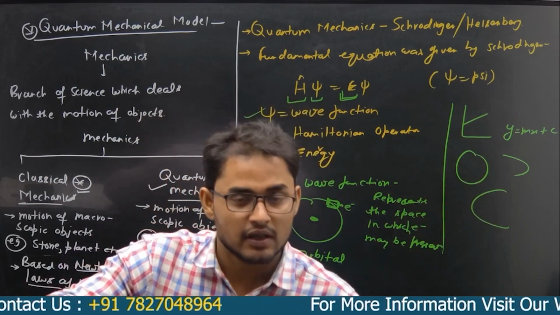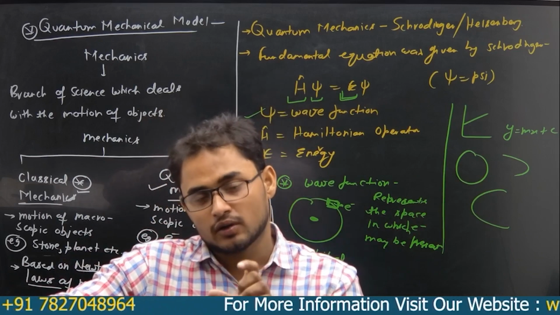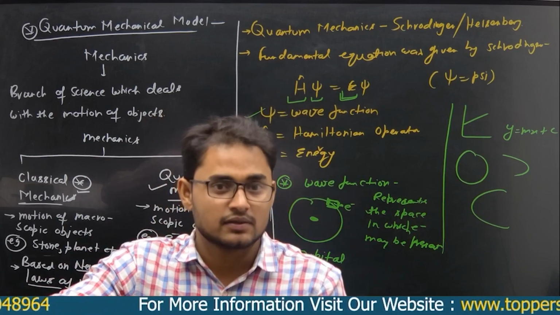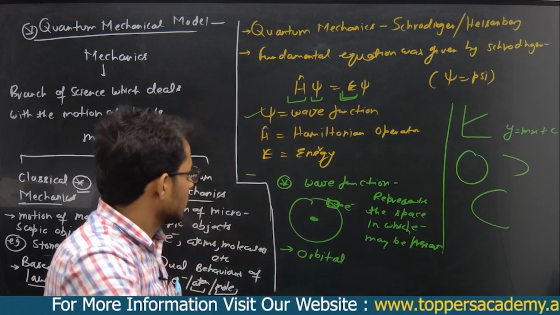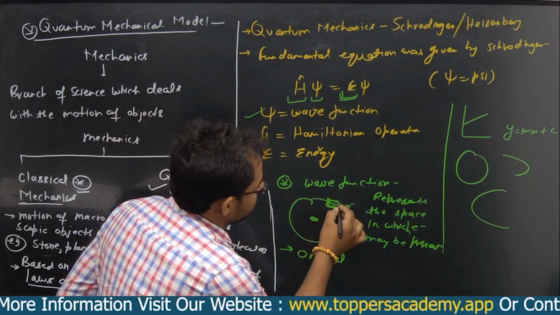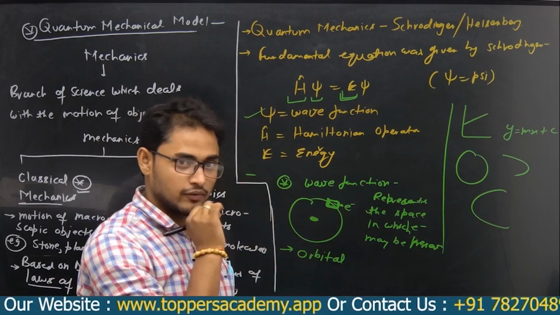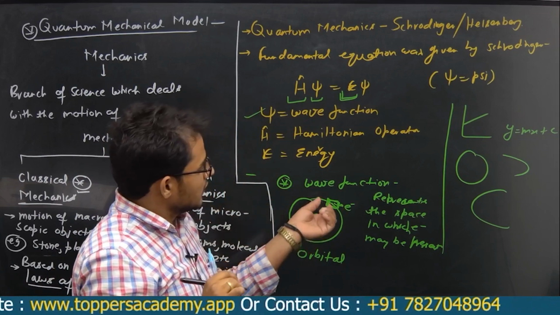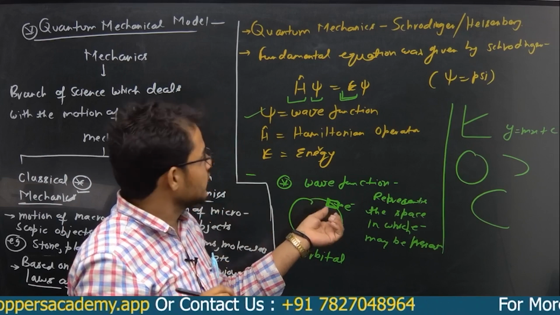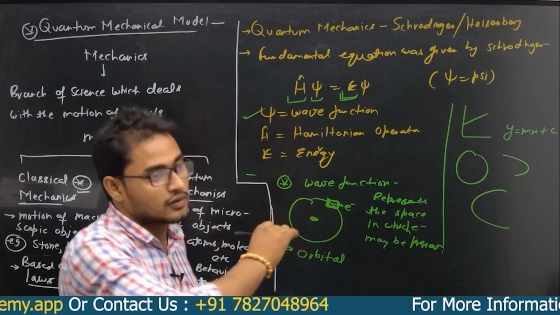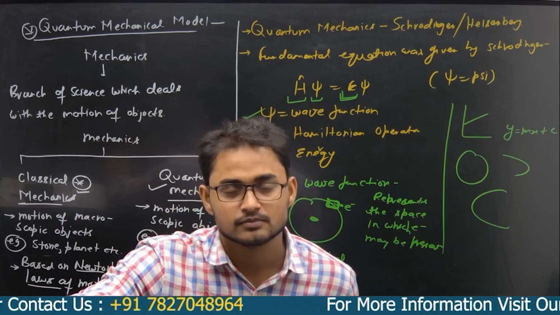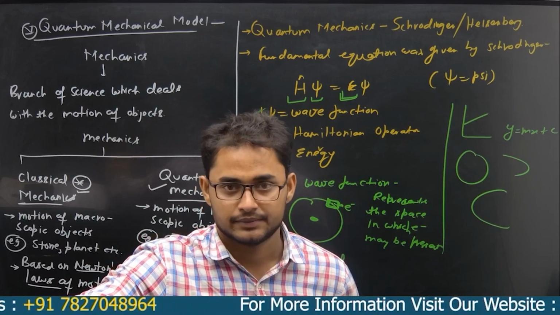So similarly, the representation of the space in which the electron may be present, that is the orbital, the house of an electron, is given by the mathematical function, the wave function psi.